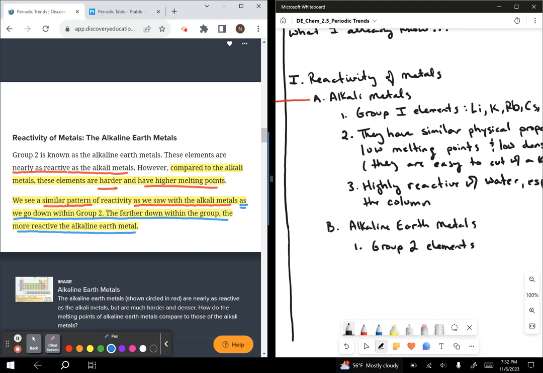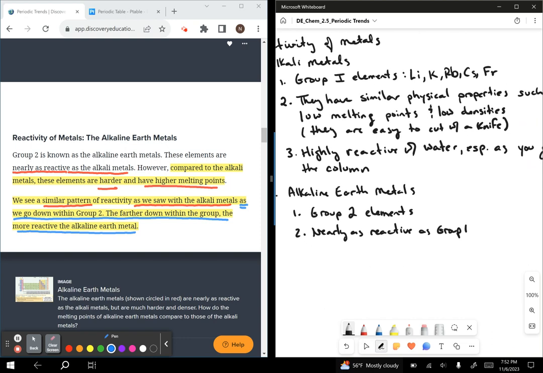All right. So we're going to write this stuff down here. Number 2. Nearly as reactive as group 1. They're nearly as reactive. Number 3.